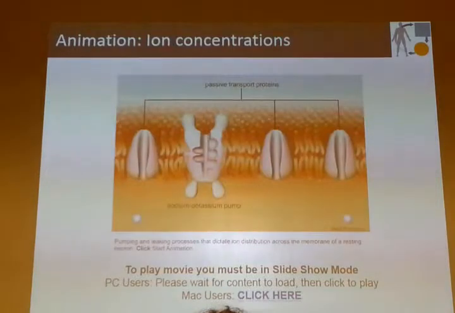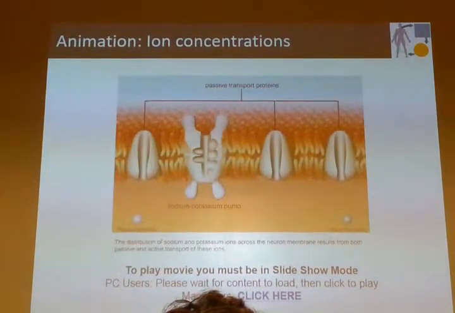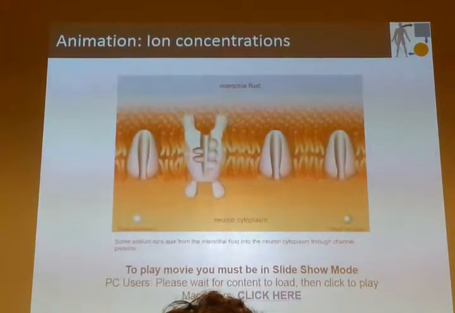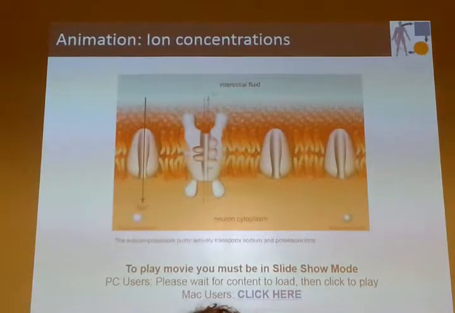The distribution of sodium and potassium ions across the neuron membrane results from both passive and active transport of these ions. Some sodium ions leak from the interstitial fluid into the neuron cytoplasm through channel proteins. The sodium-potassium pump actively transports sodium and potassium ions.